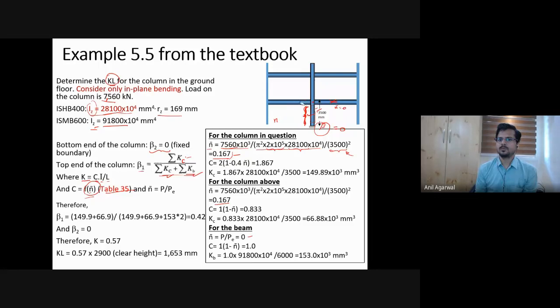Now, after n bar is calculated, we want to know what the C value is.